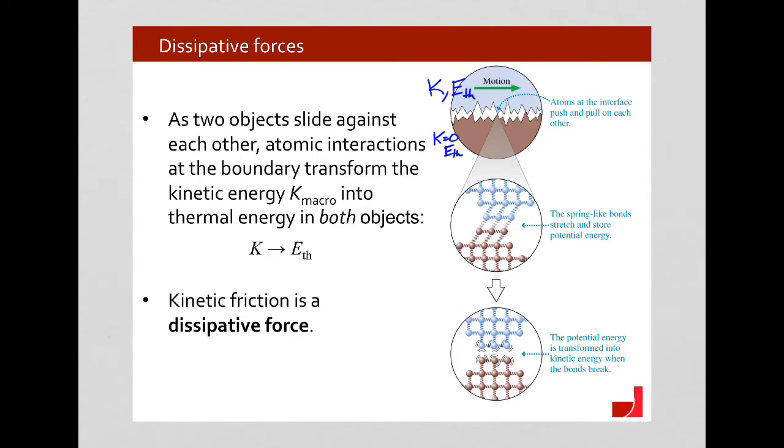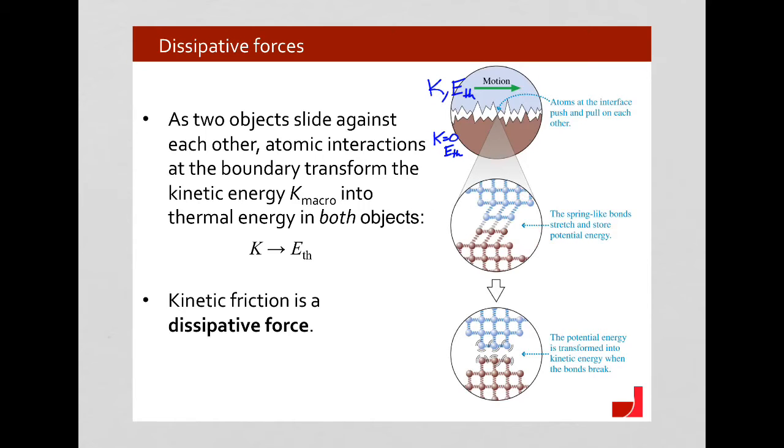As our object moves past the surface, we have bonds that form between the molecules of the object and the molecules of the surface. As they slide by, there'll be some electrical attraction between the two. We'll see in later modules more detail of that, but they will want to form bonds.